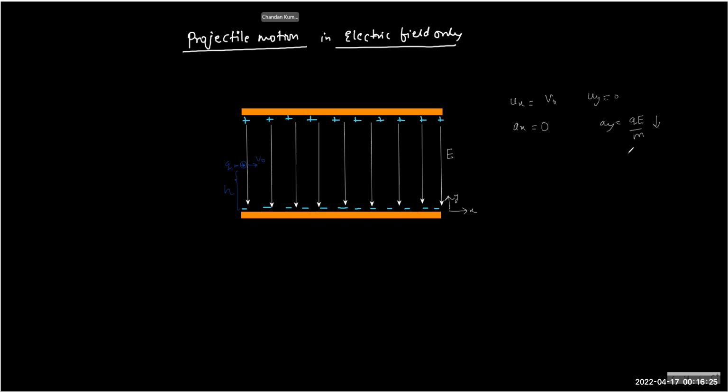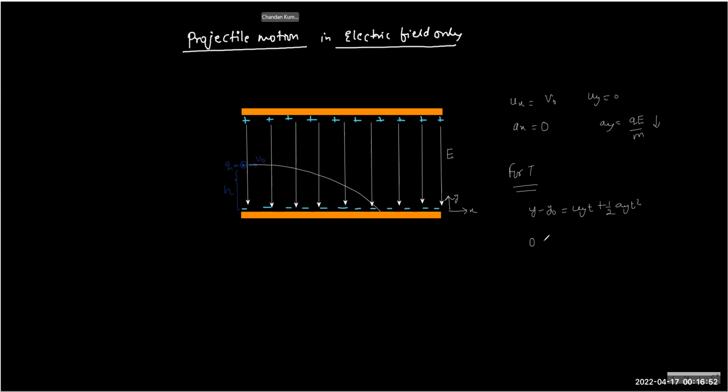So now once you have ax and ay, you know what to write. So what will be the time of flight? Because it will eventually move downward and will hit the plate somewhere, we can write y minus y naught equals uyt plus half ayt square.